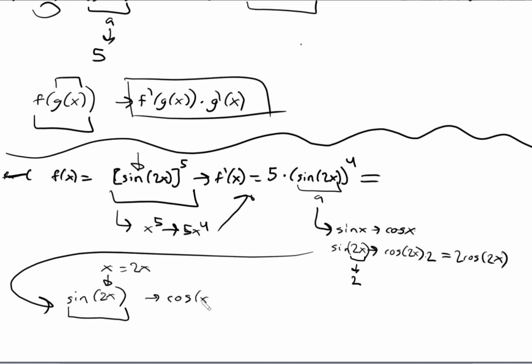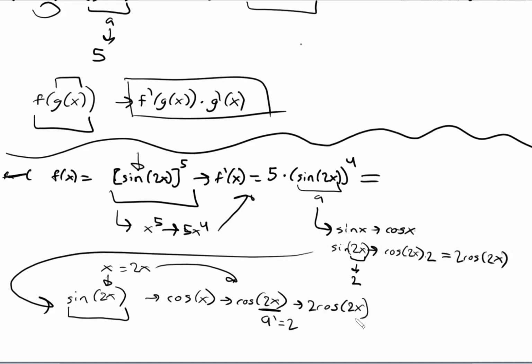Now cosine of x becomes, using x equals 2x, we get cosine of 2x. Now that we have done that, we have to take the derivative of our inside function, which we used to have as x. And taking the derivative of our inside function, which we'll now call a, well, a prime is just equal to 2. Now we get 2 cosine of 2x.